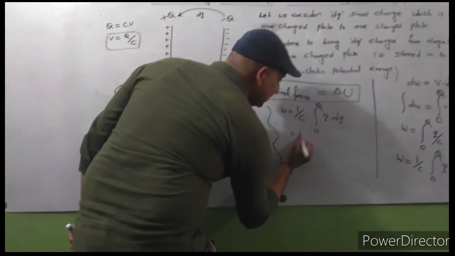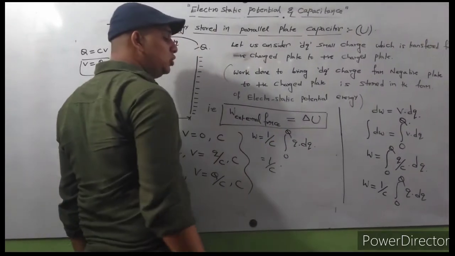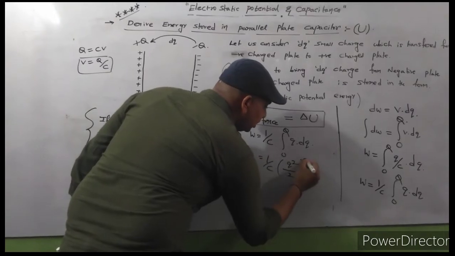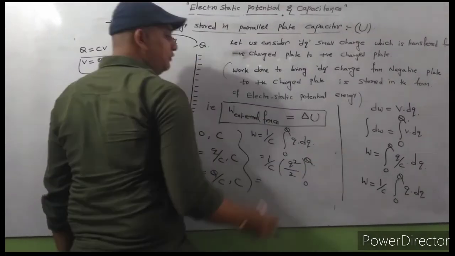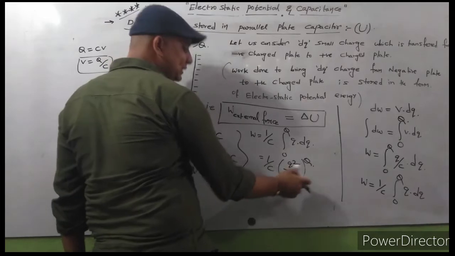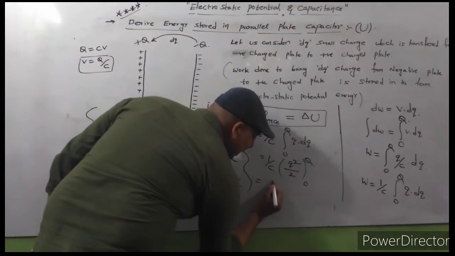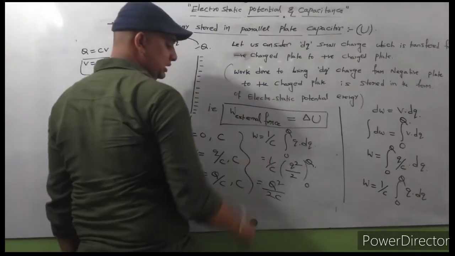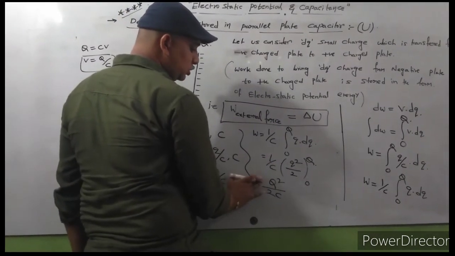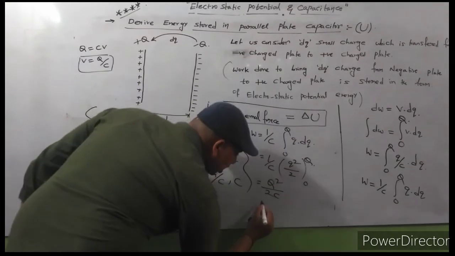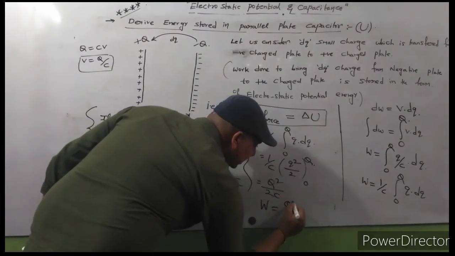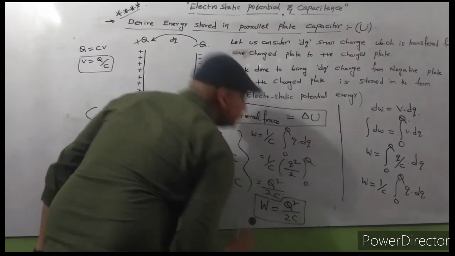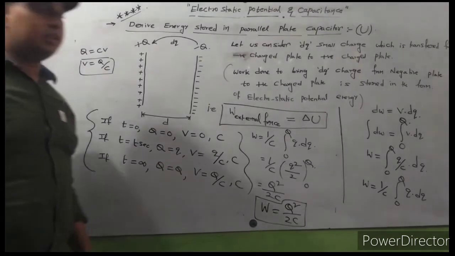From this, the integral of q dq means q square by 2, with limits 0 to capital Q. Then if you substitute upper limit minus lower limit, finally we'll get Q square by 2, and with 1 by C, Q square by 2C. That means total work done, what is the work done formula we got here? Q square by 2C. Okay, this is very, very important.